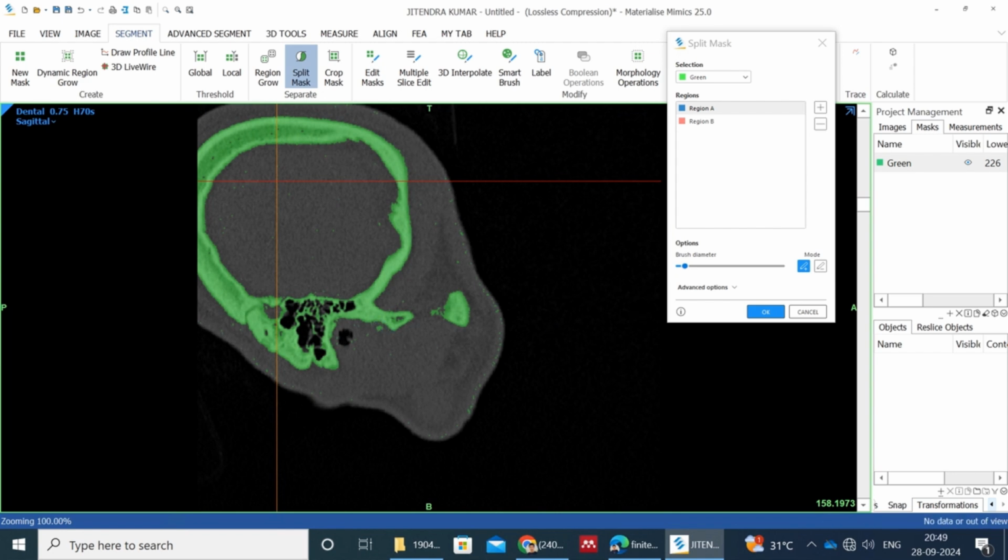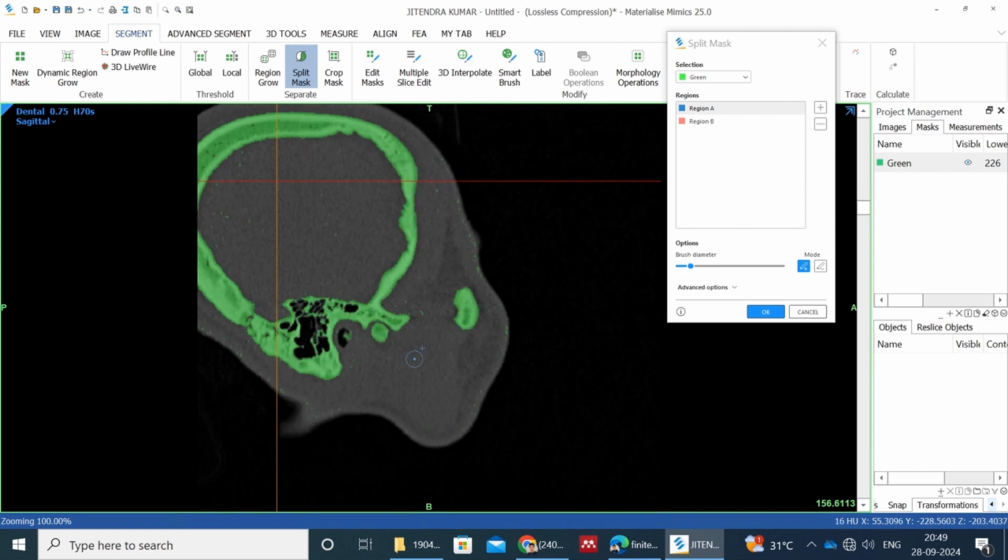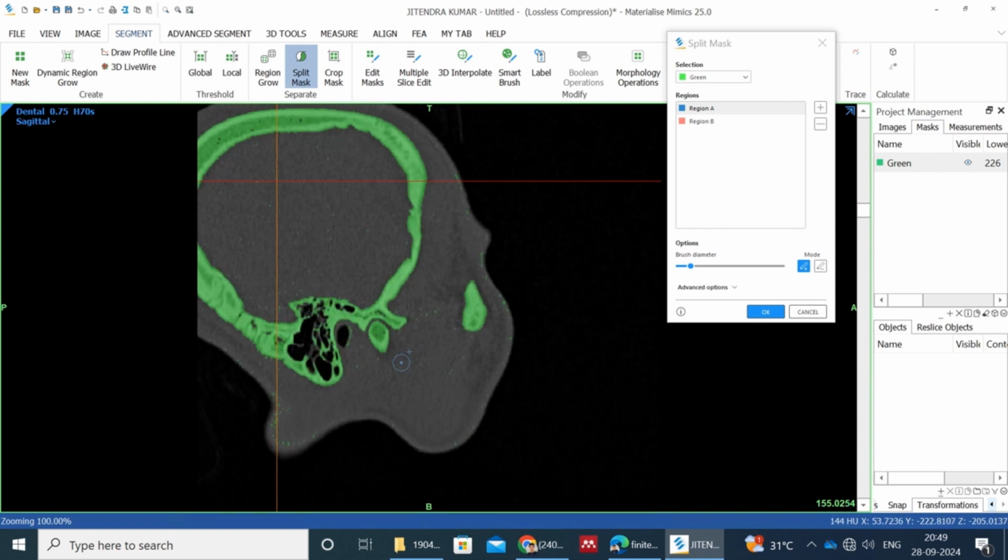So I will increase the diameter of the brush, and I will select this. You can see this green colored portion is turned into blue. After that I will skip a few images, then I will select this, and again it is turned into blue.